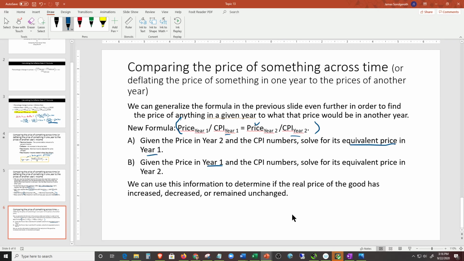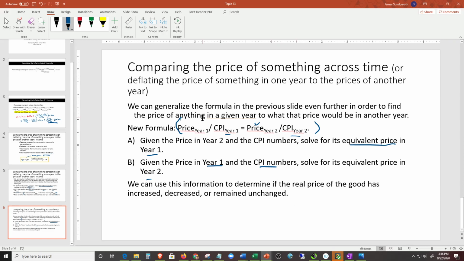Given the price in year 1 and the CPI numbers, which will always be given, you can solve for the equivalent price in year 2. We can use this information to determine if the real price of the good has increased, decreased, or remained unchanged.